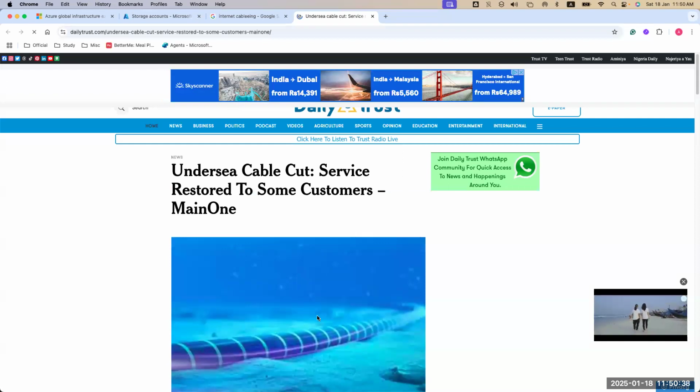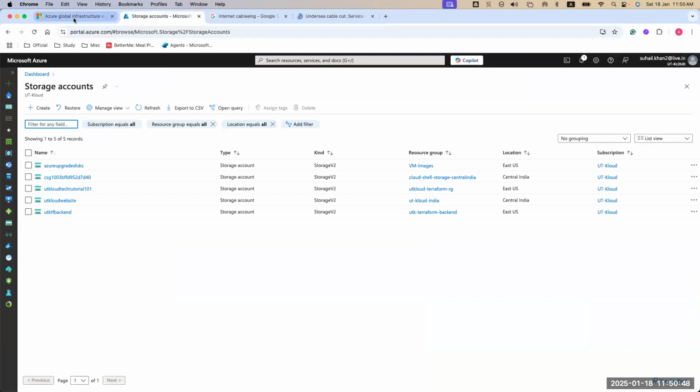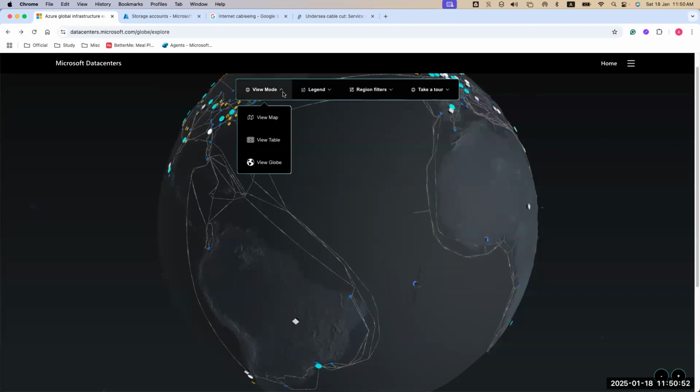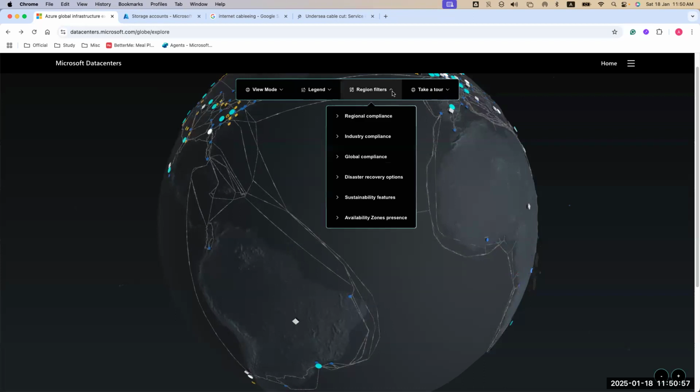Like we are connecting to other parts of the world, the way we are connected through the internet, it is ultimately going through cables, right? So that's how they are doing it. But to an extent, they have their own cables also. Let me see if I can show it to you here.